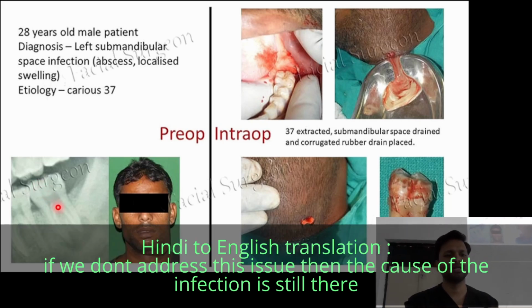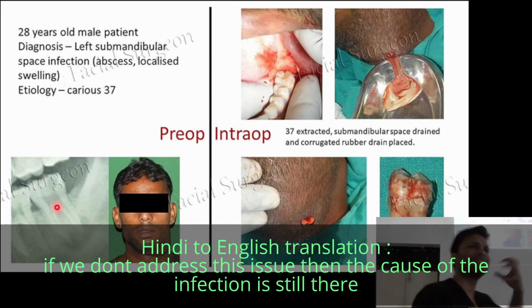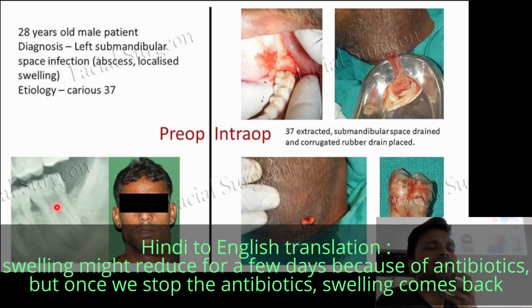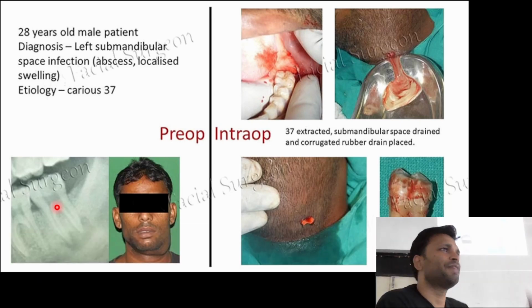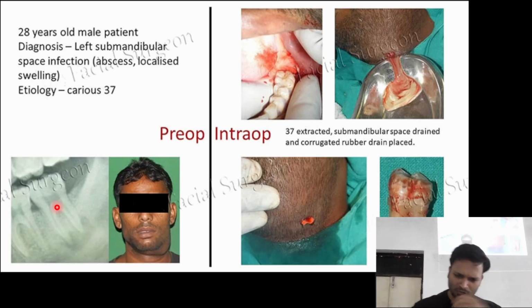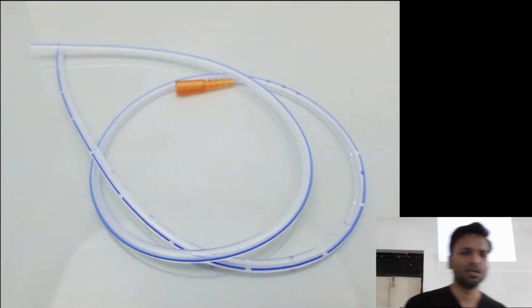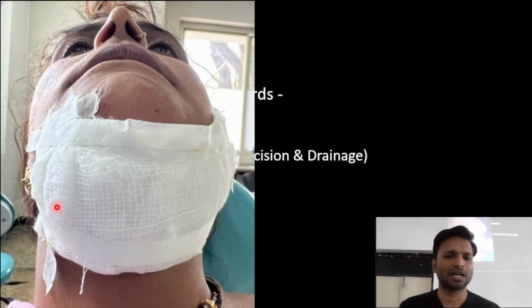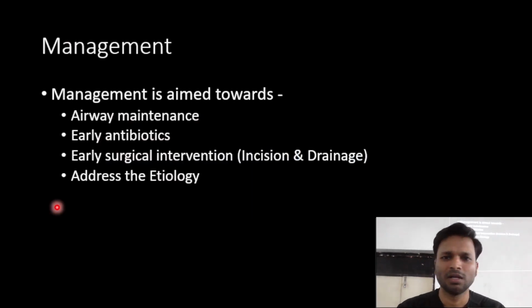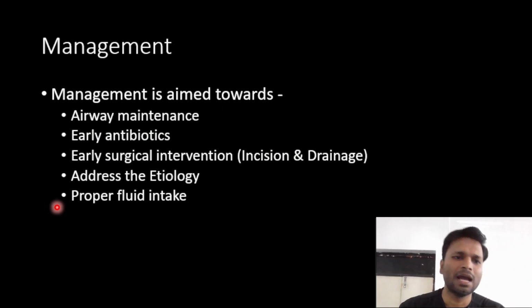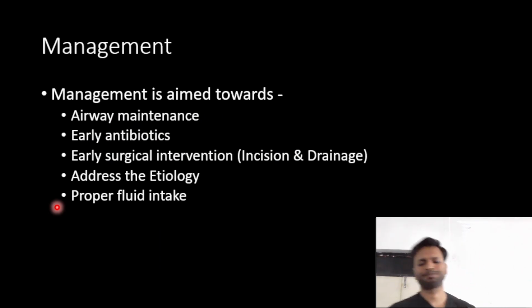If we don't address this, then the causative reason is already there. For a few days the swelling will reduce, but once we stop the antibiotic, the swelling starts again. The infection starts again. So the causative reason, the etiology, you have to address that also for a complete resolution of the condition.